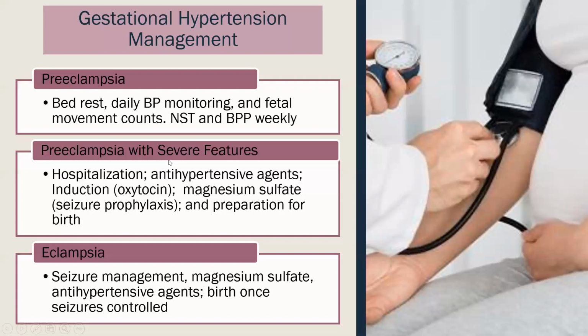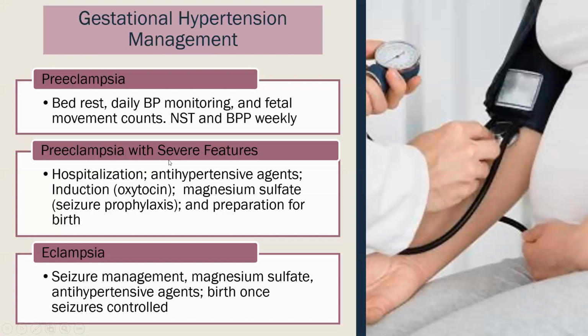It's a smooth muscle relaxer, and it will decrease the swelling and hopefully prevent our mom from having a seizure. The side effect of magnesium sulfate, because it is a smooth muscle relaxer, is to bring the blood pressure down. So we will see it as a side effect, and a lot of people think that's the reason we use magnesium sulfate, but really it's a seizure prophylaxis.